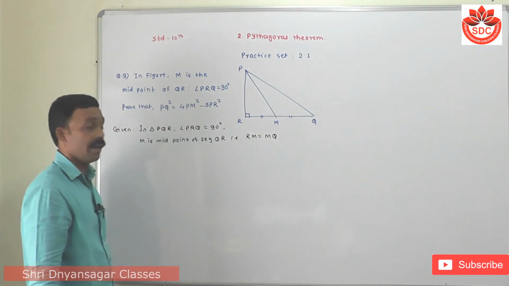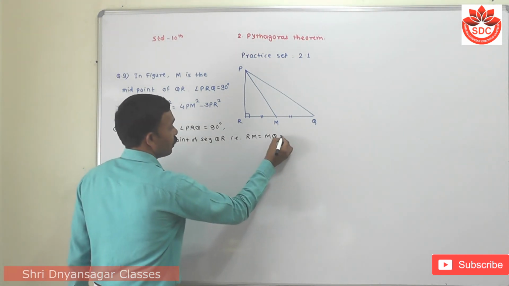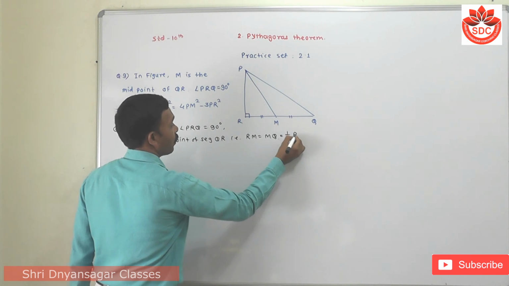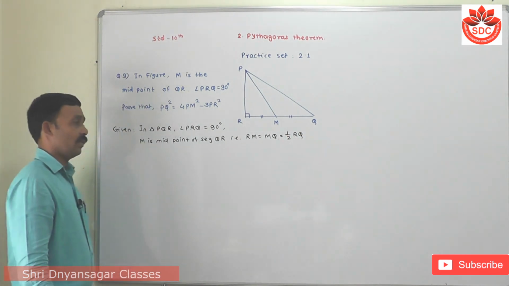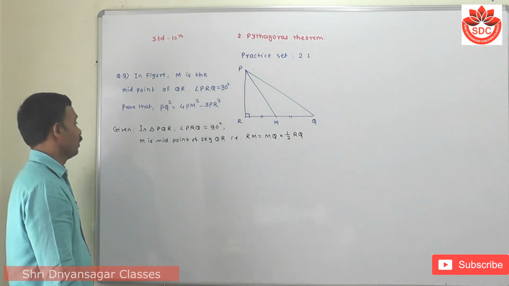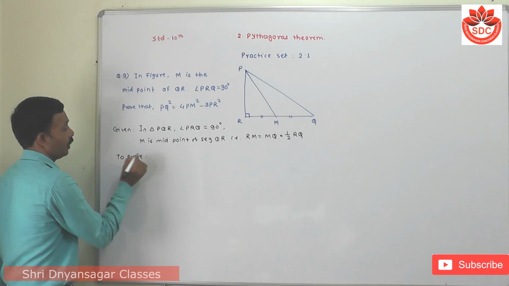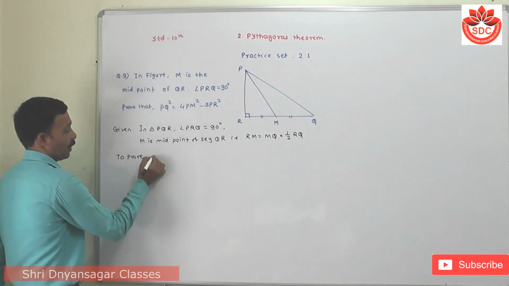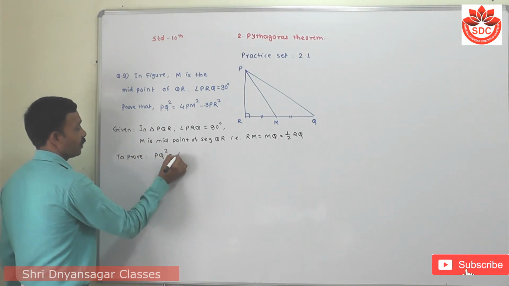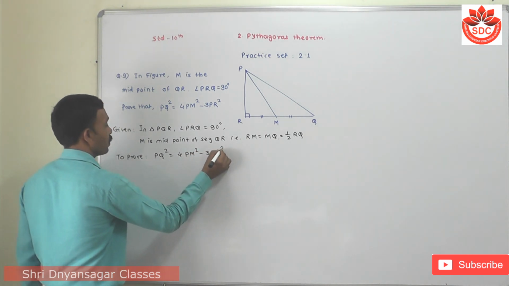We write here RM is equal to MQ, also equal to half of RQ or QR. Means RM is equal to MQ is equal to half of RQ. Okay, then to prove, we have to show here PQ square is equal to 4PM square minus 3PR square.